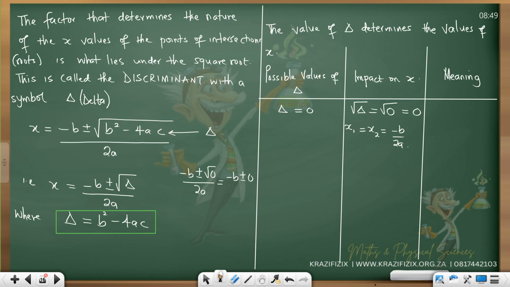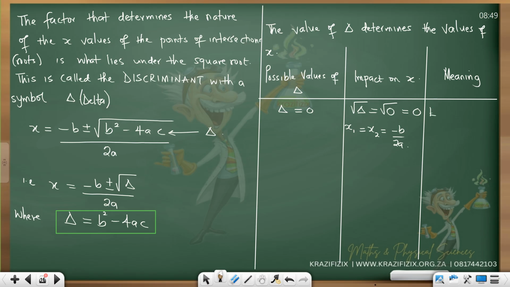So minus b plus 0 over 2a, minus b minus 0. Do you see that both of them would give me minus b over 2a? That's what we're trying to say. So it means my x1 is equal to x2, and x1 and x2 are my roots.